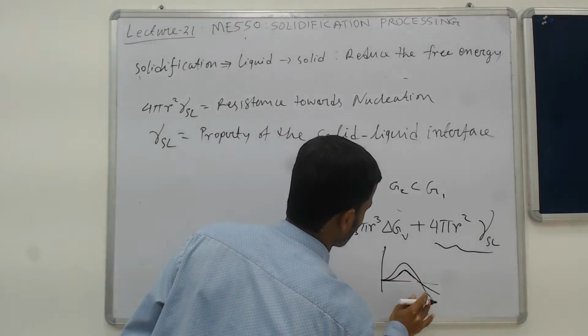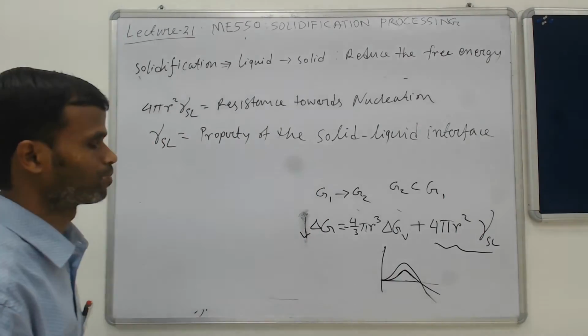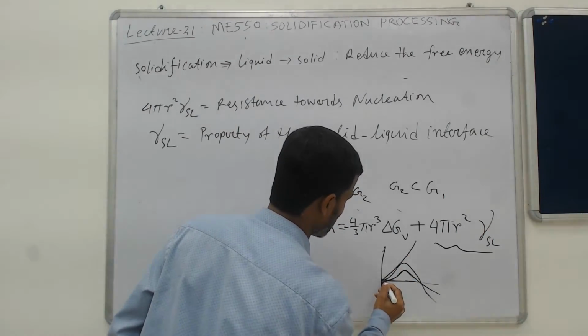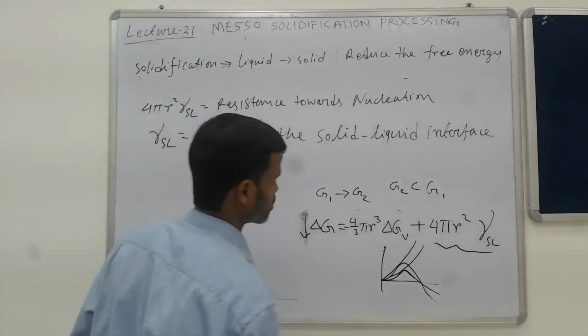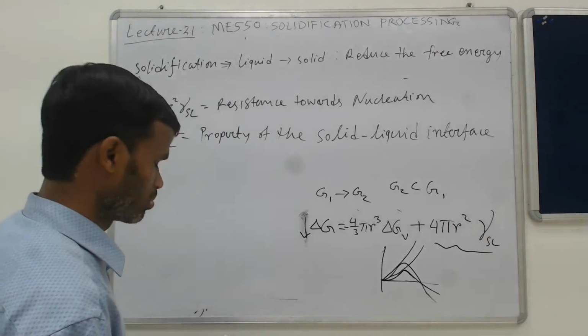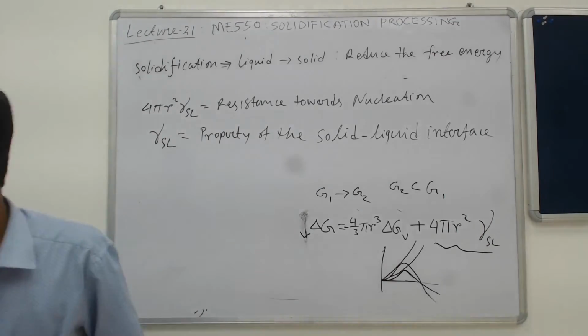Earlier this was the surface energy contribution, now you have to reduce it. The objective is to reduce this term and make the change negative. How can you do that?